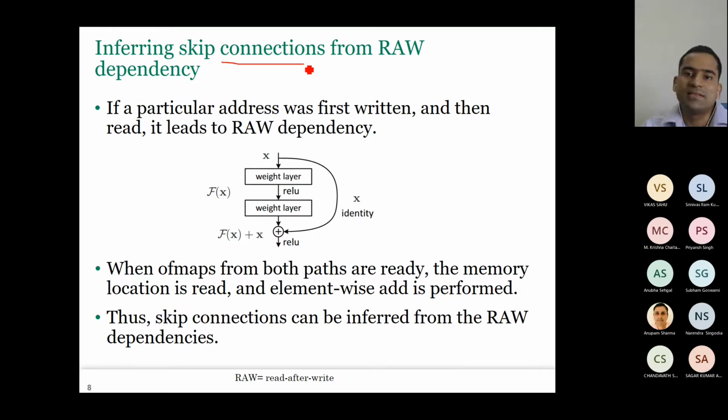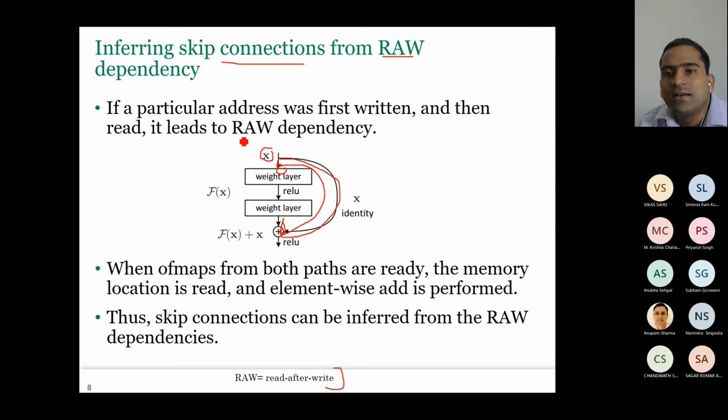Now, inferring skip connections. What is RAW? RAW is read after write. There are many neural networks which have this kind of connection. Here, this is called a skip connection. You are skipping this connection, skipping this input, and it directly comes here. Whatever value x we get, we first write it and then later we read it.